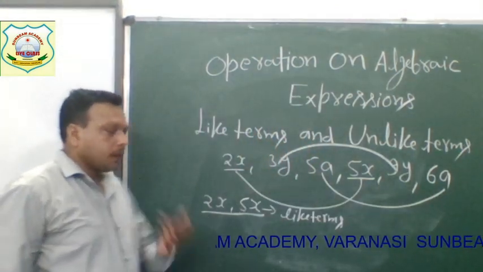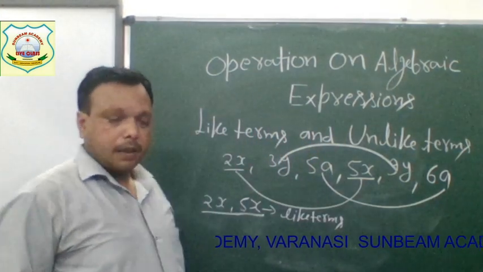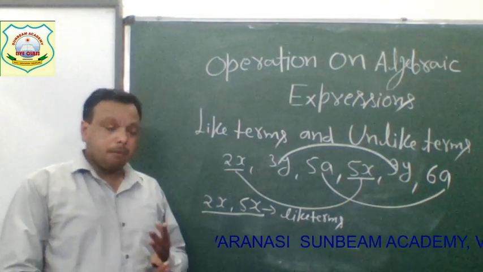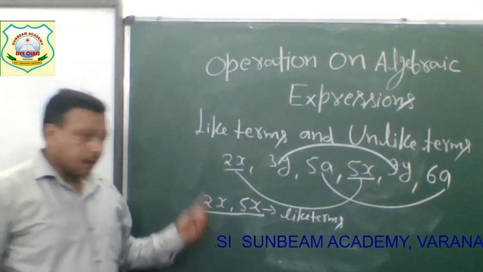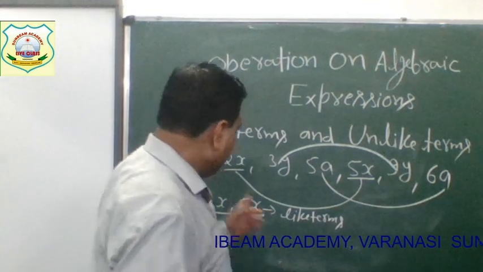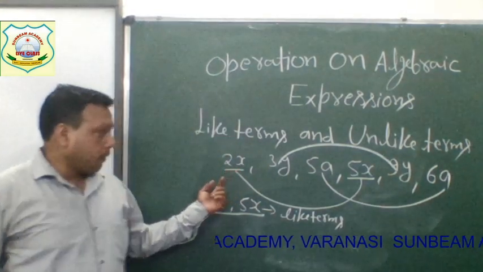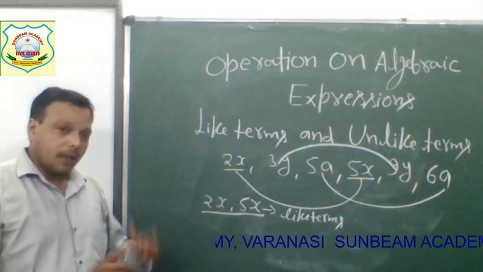Like terms we can add and subtract. There is no restriction for multiplication and division, but there is a restriction for addition and subtraction. When the variable is the same in like terms, then we can add.